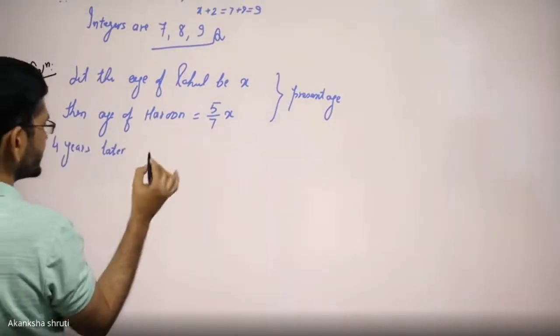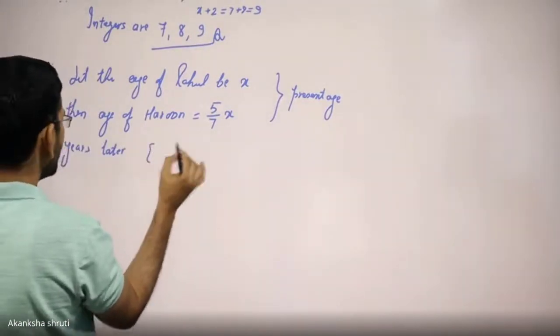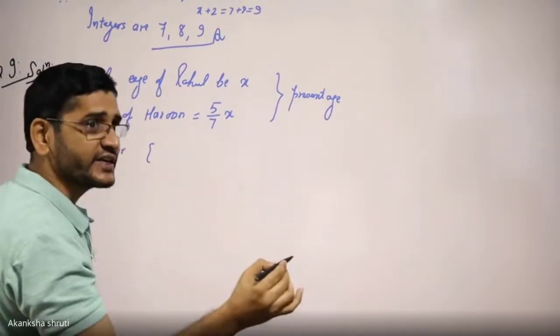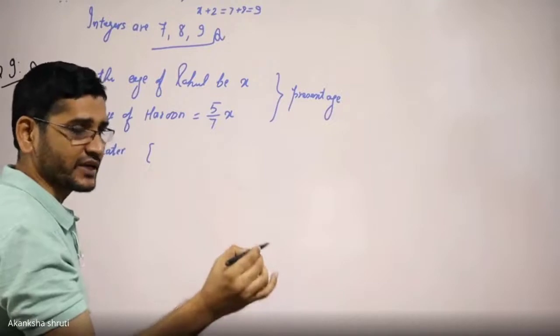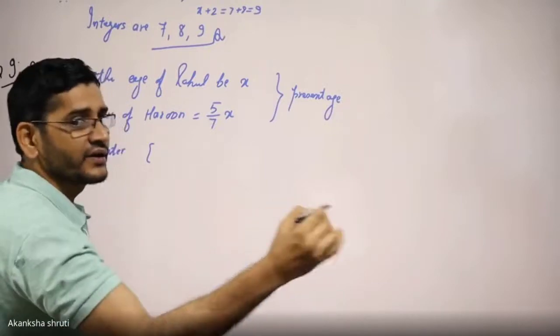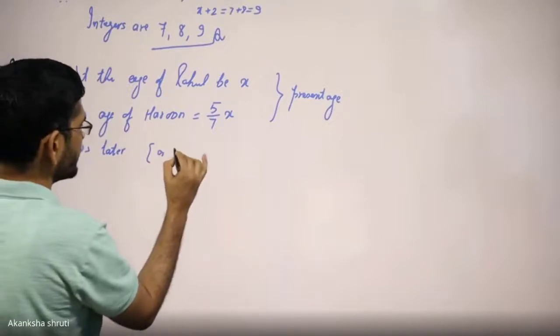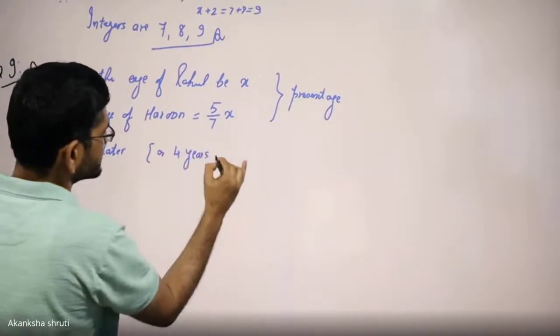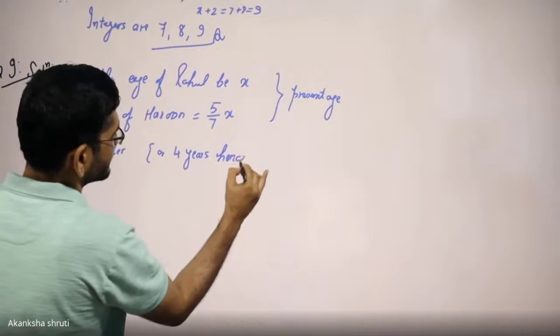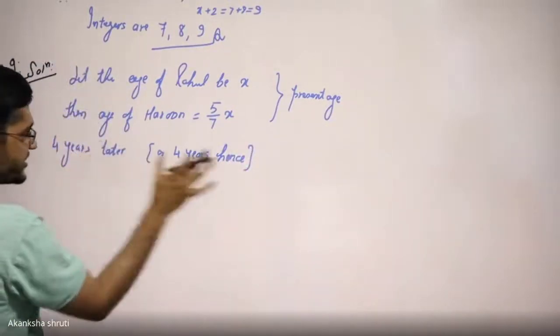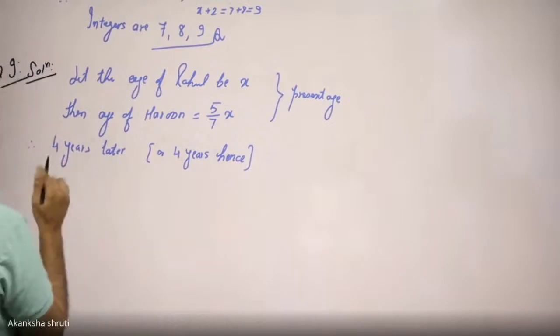Many a time it will be written 4 years hence. 4 years hence also means the same thing, from today, 4 years later. Whether this phrase is written or that phrase, they mean the same thing.